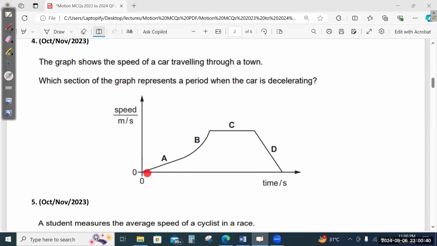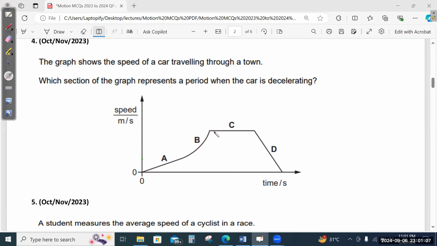It means at the start of the journey, the speed of the car is increasing with constant acceleration. But from this point, the graph suddenly moves upward, it means the speed of the car is increasing more. It means it is accelerating.